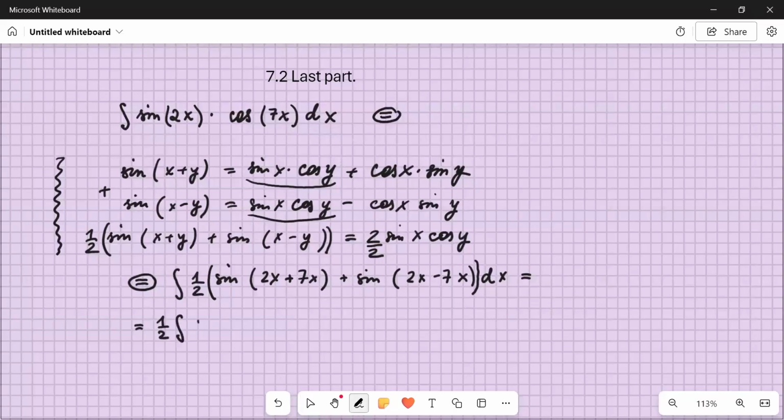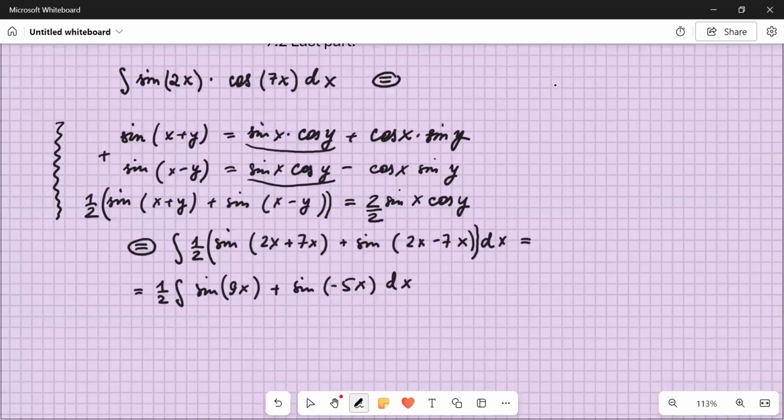Under the integral, I have sine of 2 plus 7, which is 9x, and plus sine of 2 minus 7, which is minus 5x. So I'm going to have sine of minus 5x dx. I remember that sine is an odd function. Odd function means that this actually equals minus sine 5x.